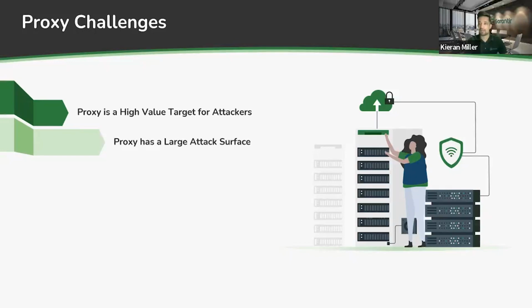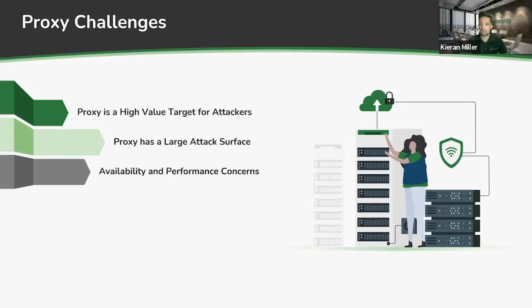What we mean by that is that the proxy has to take basically any command as input, and also has to take any output from the SSH server. Allowing any input and any output leaves a large attack surface for attackers to play with.